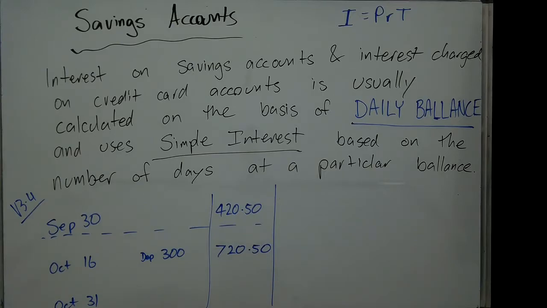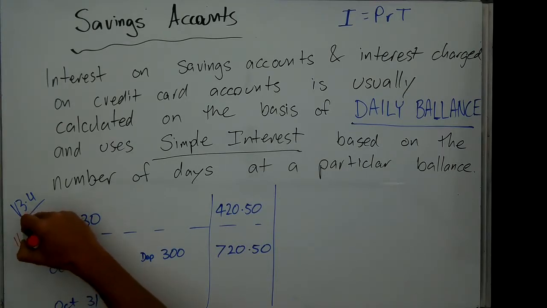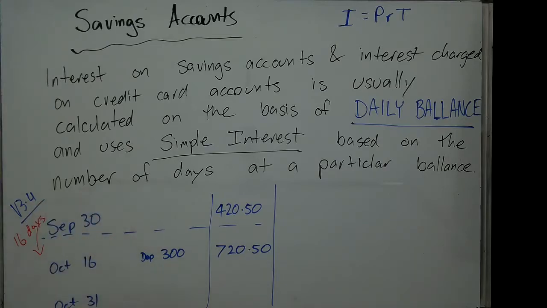So from September 30th, that's essentially our day one, up to October 15th, that's where we're at this balance. So between here, we've got 16 days. And then from October 16th until October 31st, and we're not going to count October 31st because we're going to be putting interest in. So the balance changes on the last day, which is kind of what happened here.